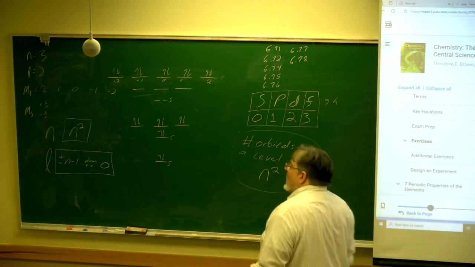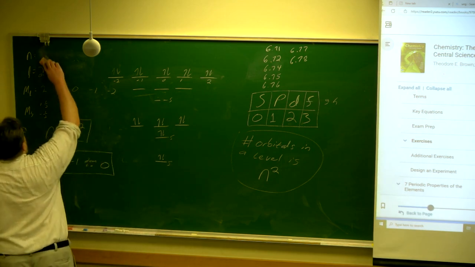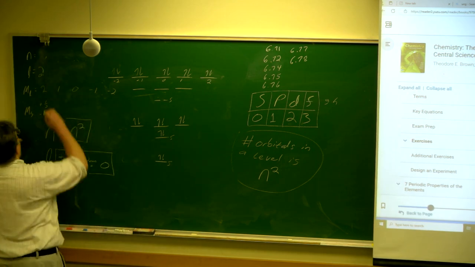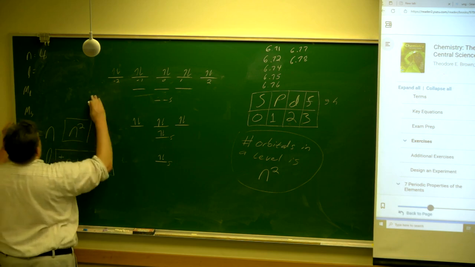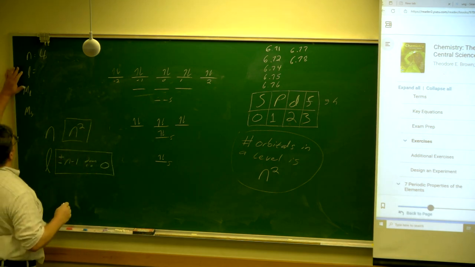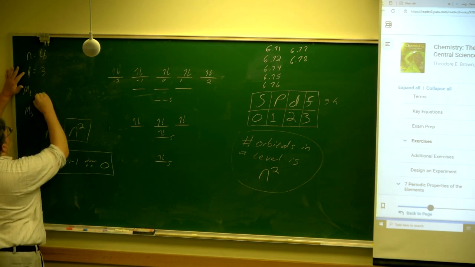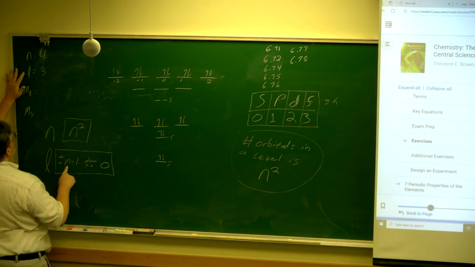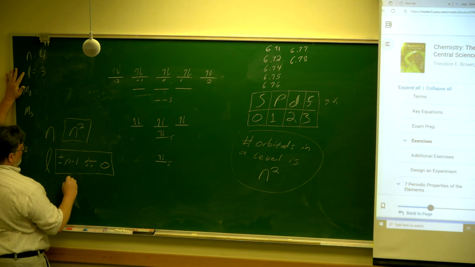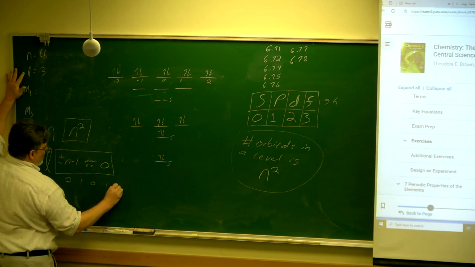n equals 4, l equals 3. n equals 4. l equals 3. Guess I want to use this. So 3 minus 1 is 2, 1, 0, -1, -2.